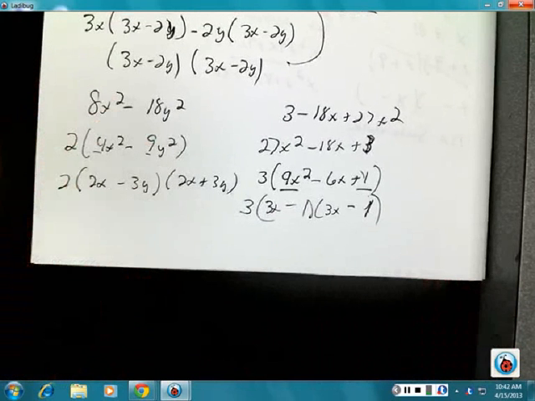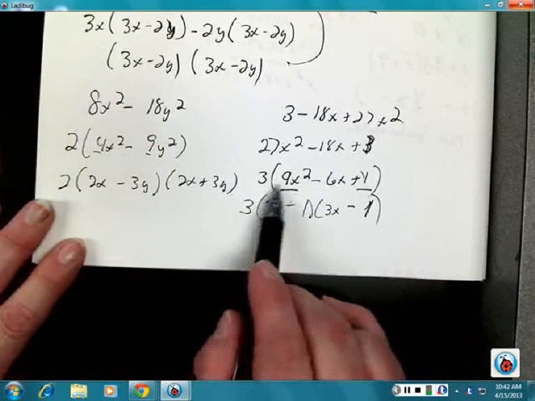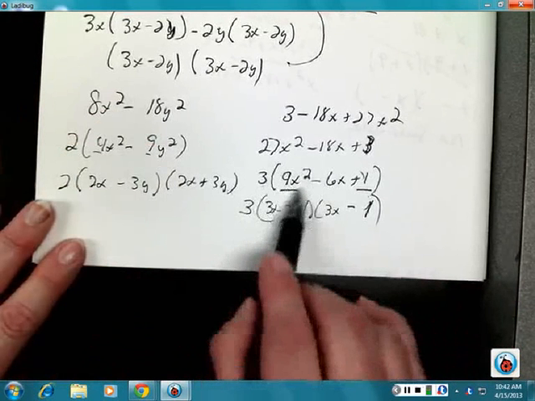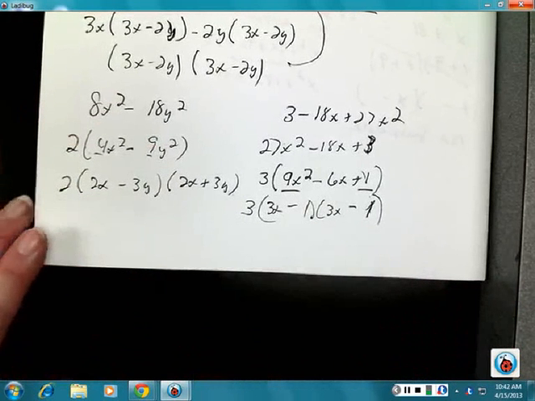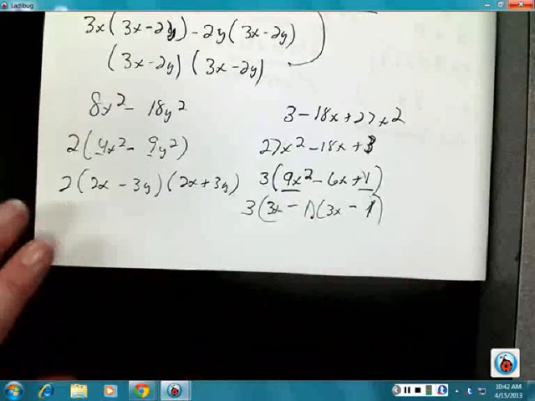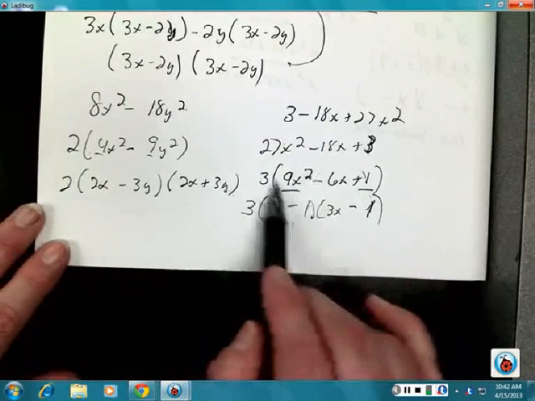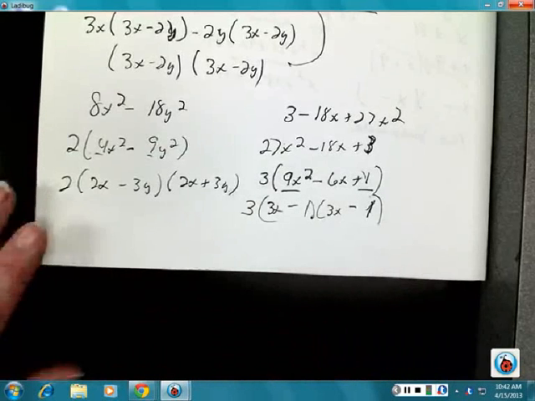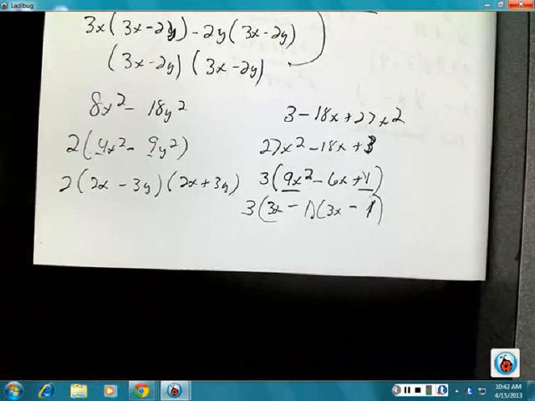I pull out a negative 3 right here because I want that first term to always be positive. So if I'm pulling out a number and I've got all negatives in there, that's what I want to watch for. I don't even think they give you any that are like that.